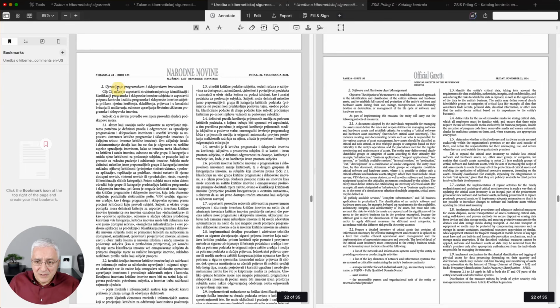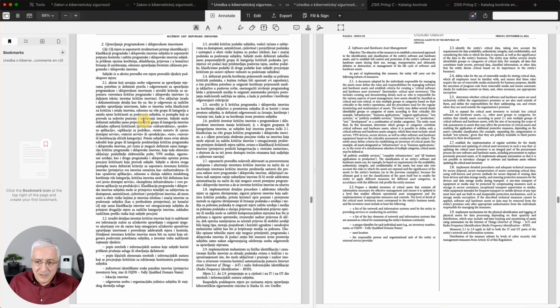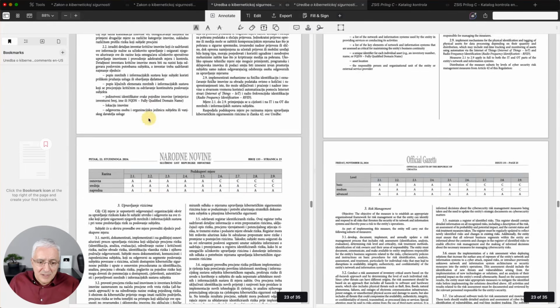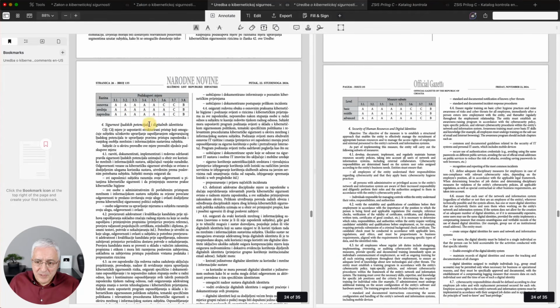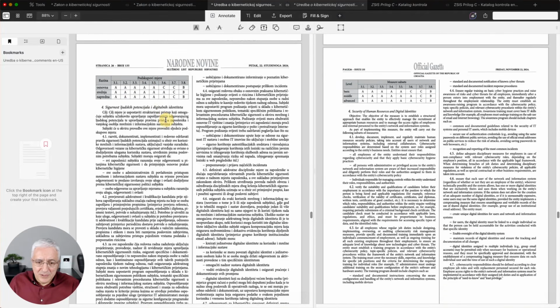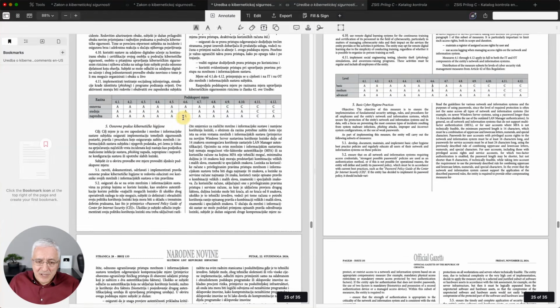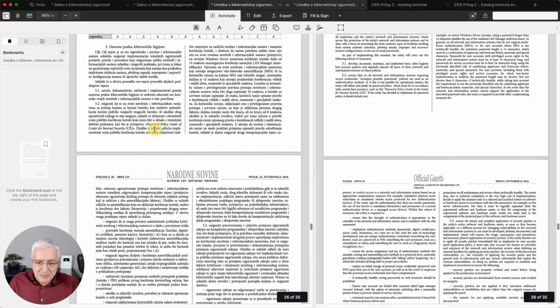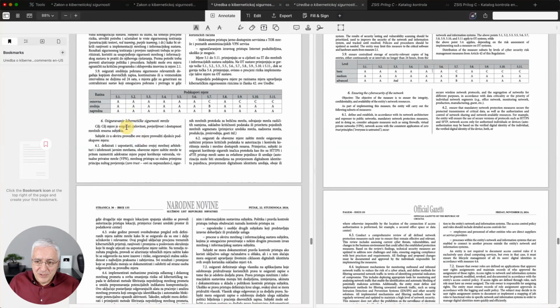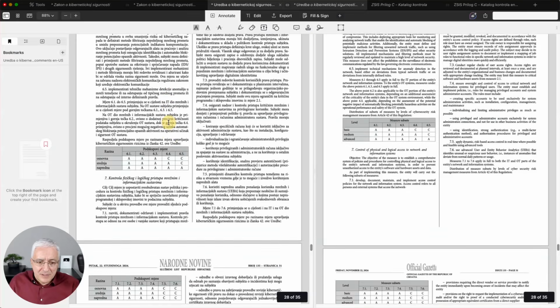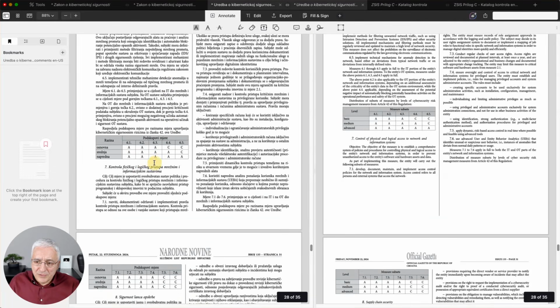Number 2 is about software and hardware asset management. Number 3 is about risk management. Number 4 is about security of human resources and digital identities. Number 5 is about basic hygiene practices. Then number 6, ensuring cybersecurity of networks. Number 7 is control of physical and logical access to network and information systems.